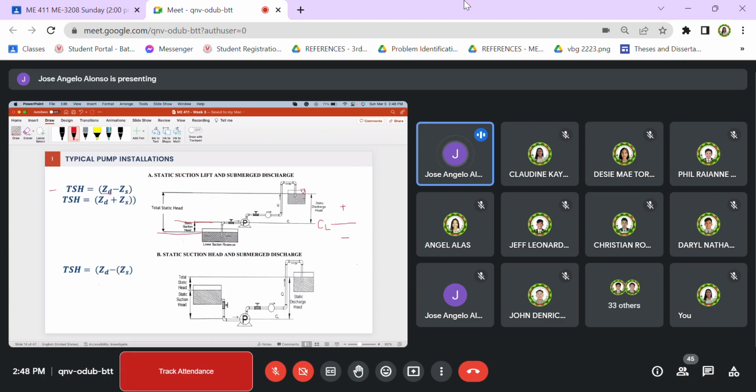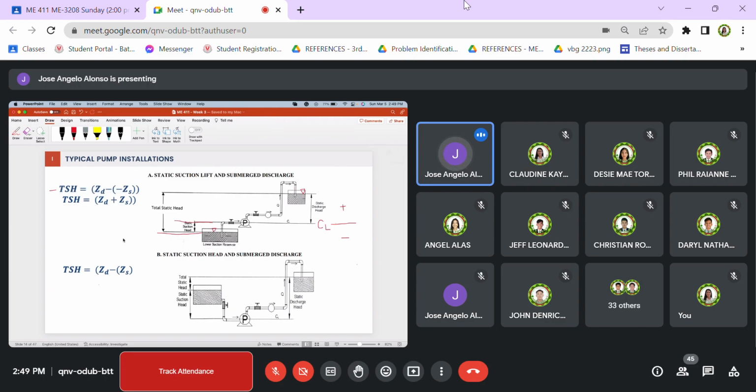So inverted triangle, elevation. Since nasa baba siya ng ating reference line or ng center line, ang magiging sign ng ating C sub S will be negative. Huwag tayo malilito dito. So total static head will be C sub D minus negative C sub S, which is equivalent to C sub D plus C sub S.